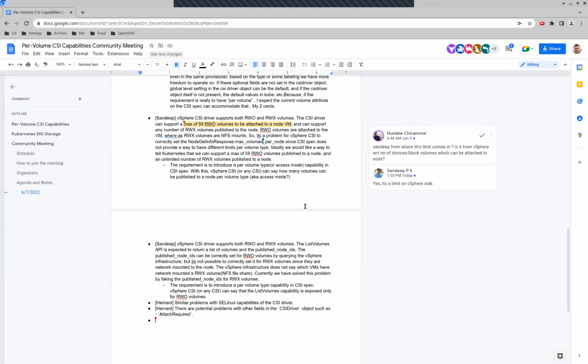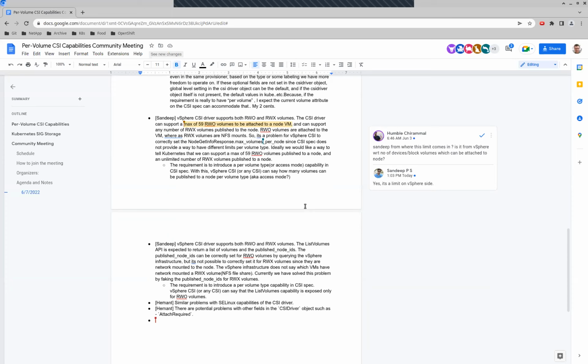Just on that, I totally understand the problem. I don't think that in everyone's case it's going to be tied to the access mode, because one could imagine a scenario where, even within the same access mode, you had different kinds of volumes, some of which had a higher per node limit and others a lower per node limit.